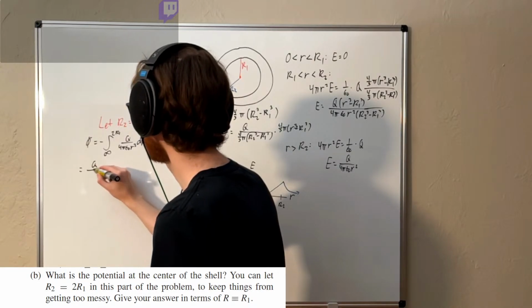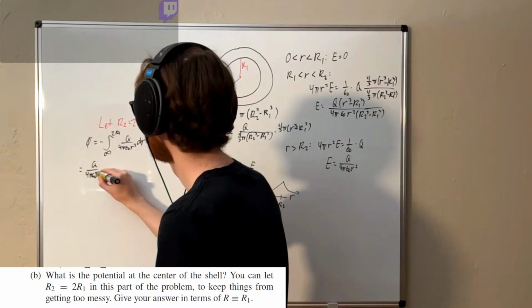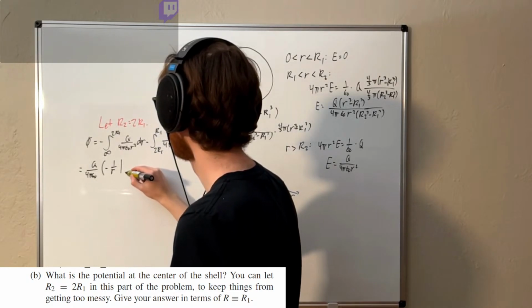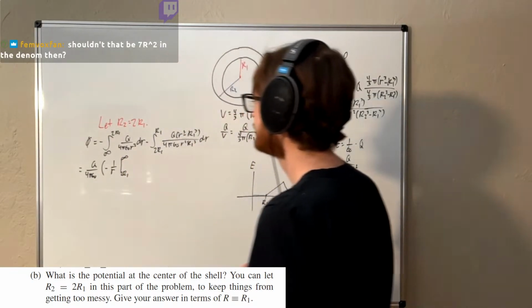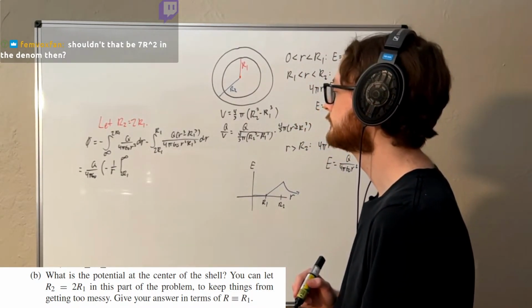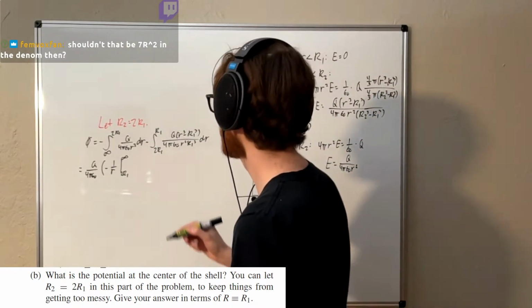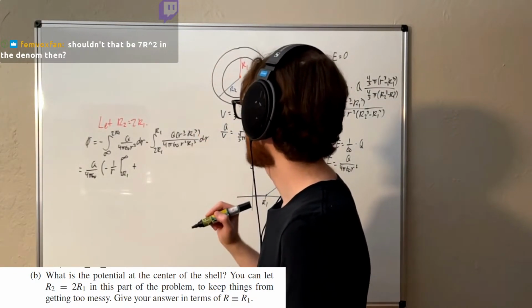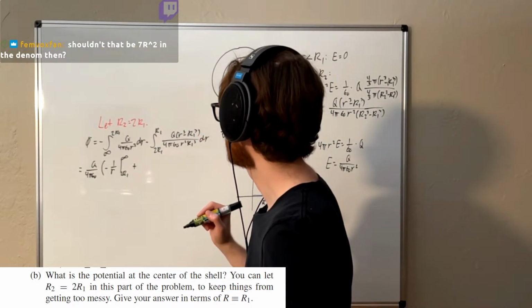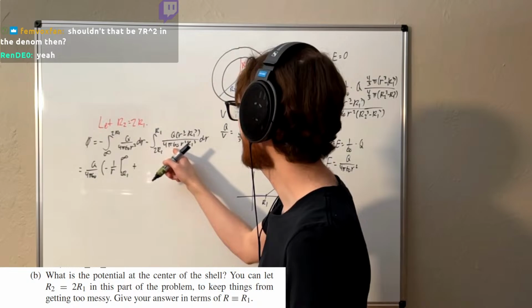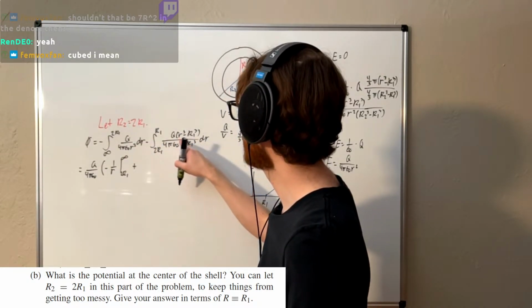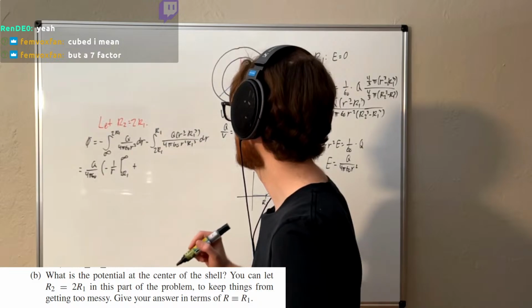I'm also going to factor out q over 4 pi epsilon naught. Okay, q over 4 pi epsilon naught is factored out. For one fraction, we have r cubed over r squared r1 cubed.